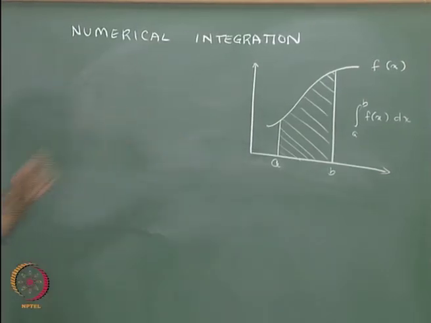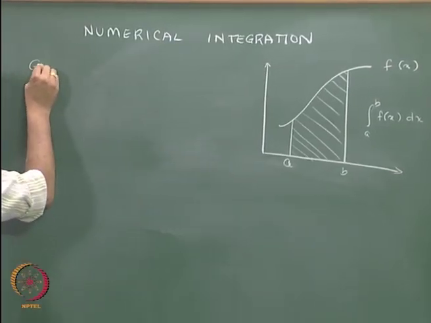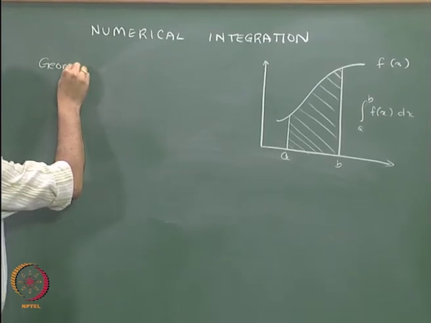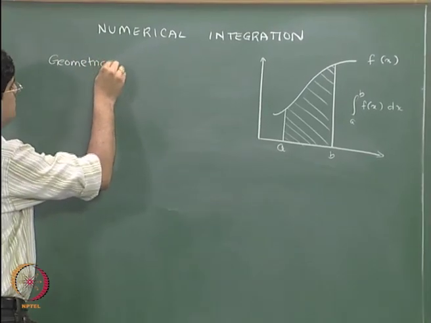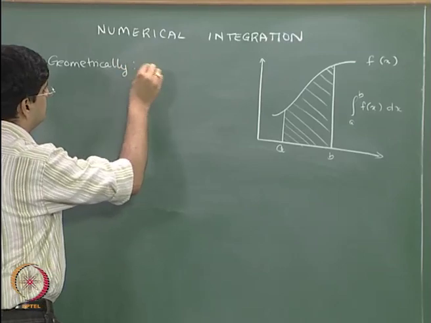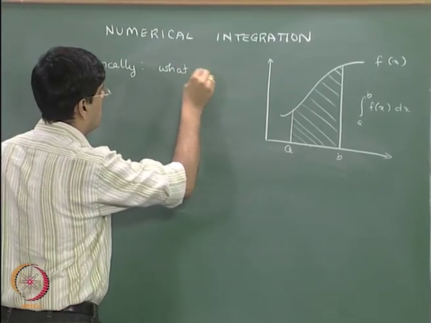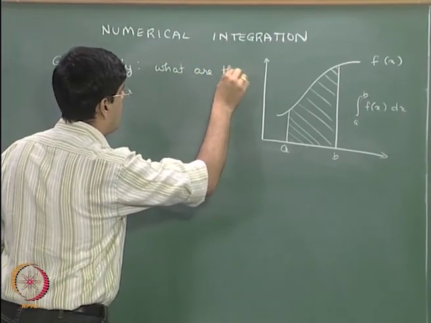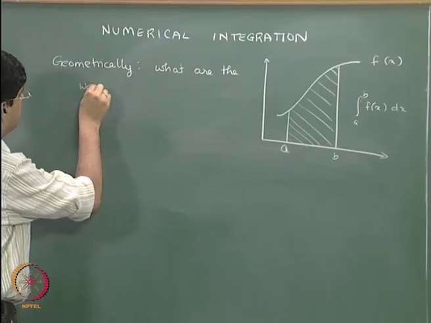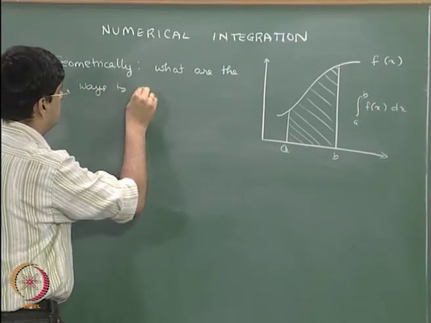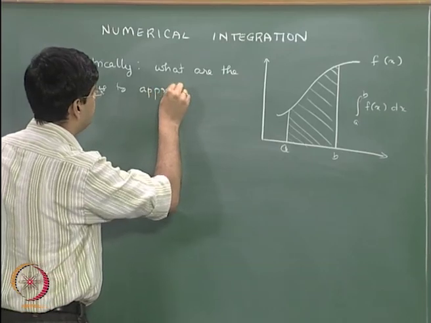Okay. So geometrically, what are the various ways to approximate that area?